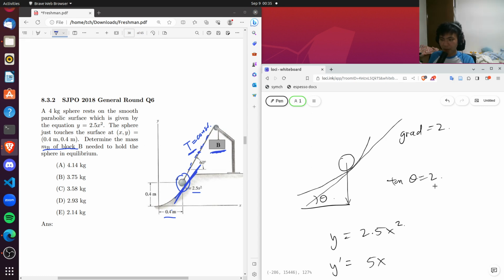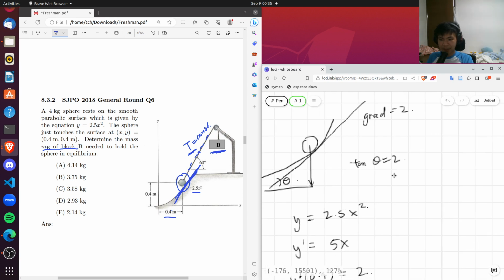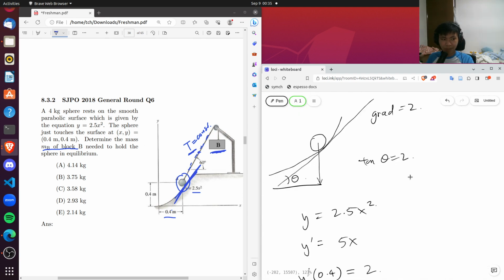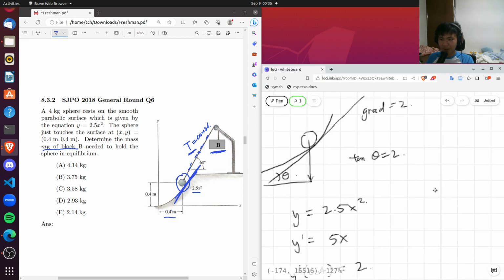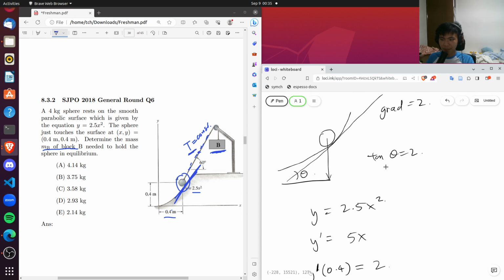However, one might be tempted to take the inverse tangent to find the exact angle theta, but that's not really necessary. Generally, it is recommended that you do not work with so many numerical values because it could lead to inaccuracies or it's just more tedious in general. With this gradient of 2, it's enough information to find the cosine of theta and the sine of theta directly.